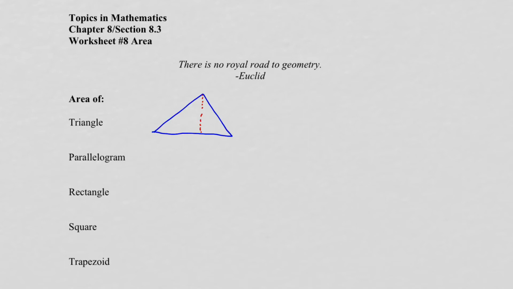How high is this triangle? So if it's standing up, let's say we call it height. Okay, how tall is it? And then the base, which is this part right here. Okay, that's all you need, but that's actually half of a rectangle. Okay, a triangle is half of a rectangle.